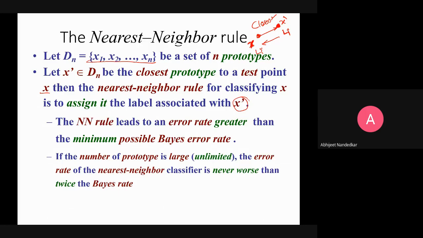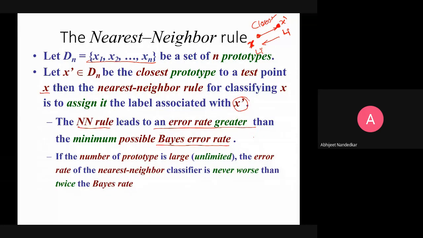The nearest neighbor rule leads to an error rate greater than the minimum possible Bayes error. So this you can note down. This is simple, but it has an error rate more than Bayes. Bayes is supposed to be the optimal decision making system with minimum possible error.